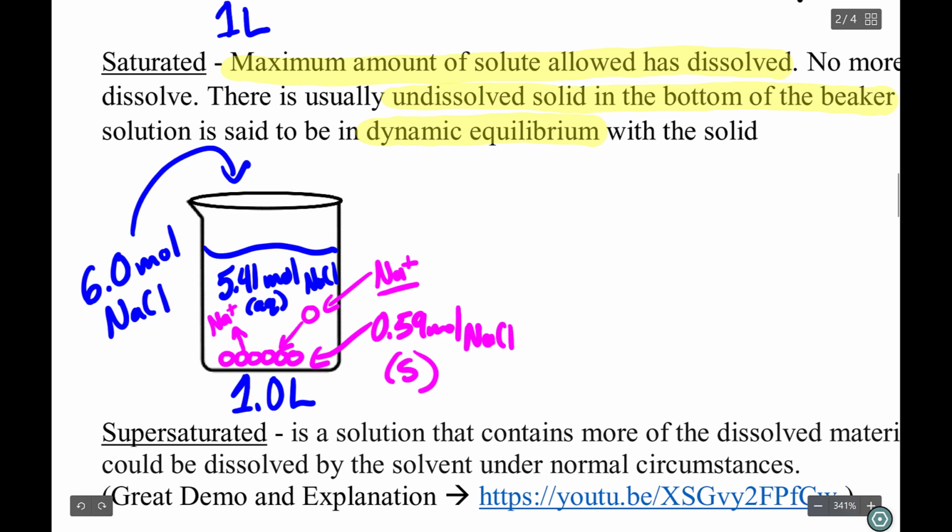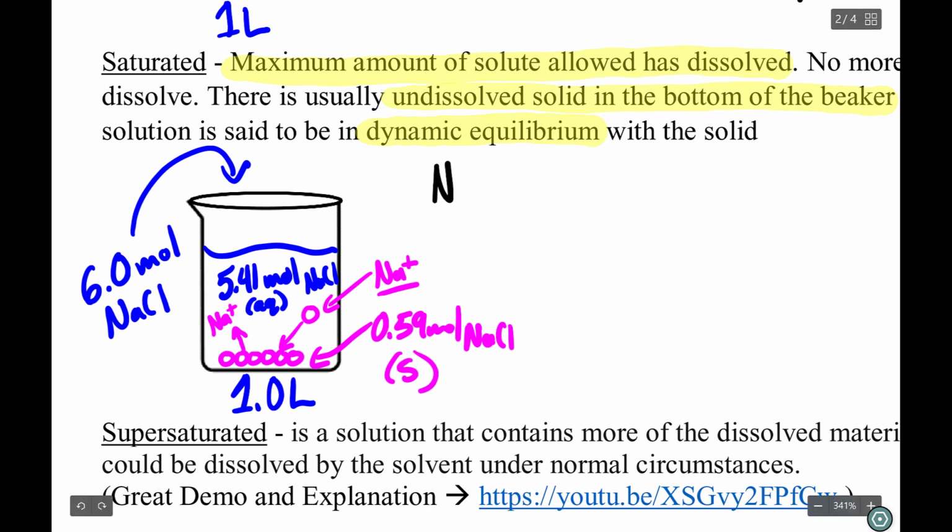And I know I'm using lots of sports analogies here, but it's just like if you're changing players in soccer or hockey, if one player goes to the bench, one player on the bench has to come out. It's a one-for-one exchange. So to express dynamic equilibrium, we have to use what we call an equilibrium arrow.